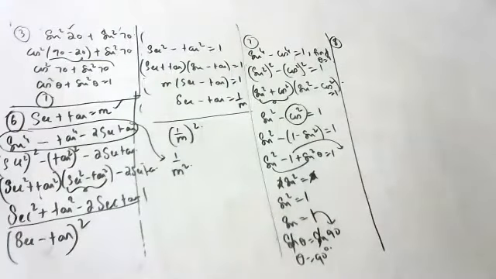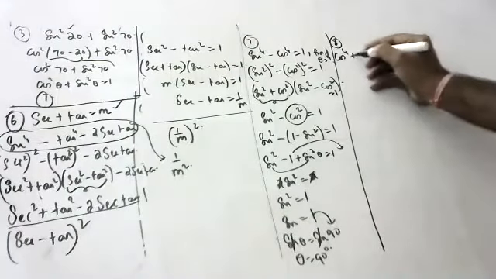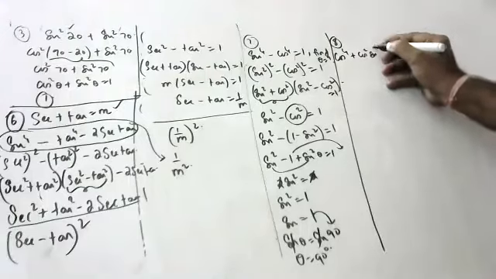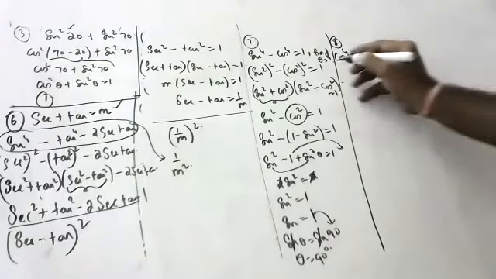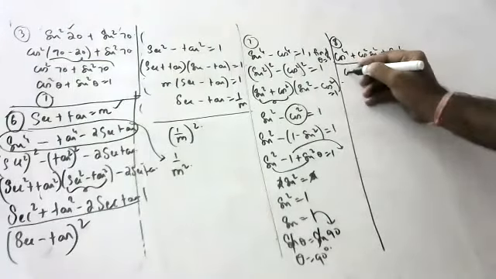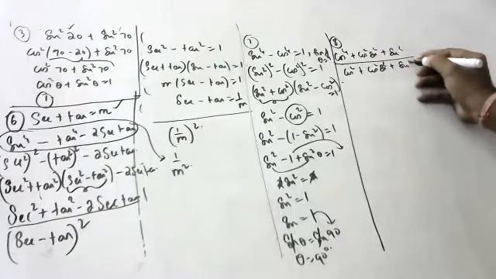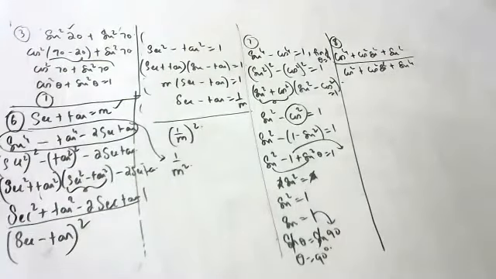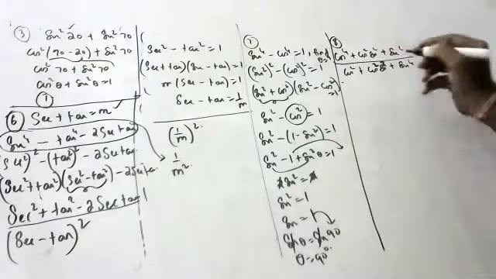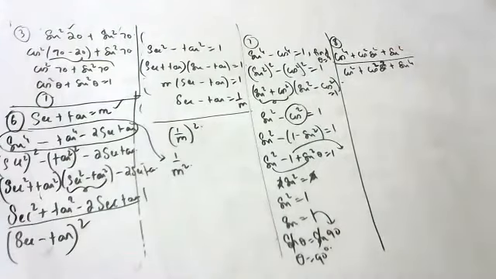Cos 4 plus cos square sine square plus sine square. Samhita, you tell. Vaishnavi, tell how to do this. Okay, sir.